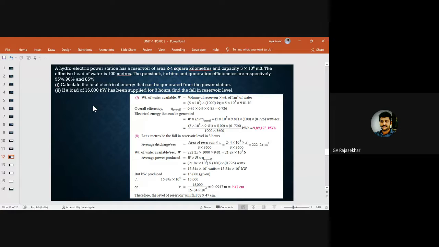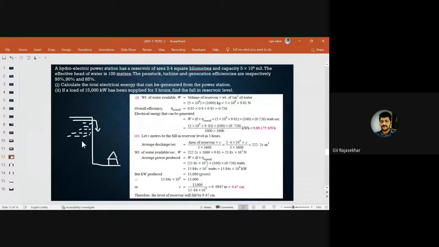As we know, suppose this is the reservoir, and here it will be your power plant. So when this water is coming out of this reservoir to the power plant, what will happen to the water level? The water level reduces, right? After a few hours, the water level reduces.